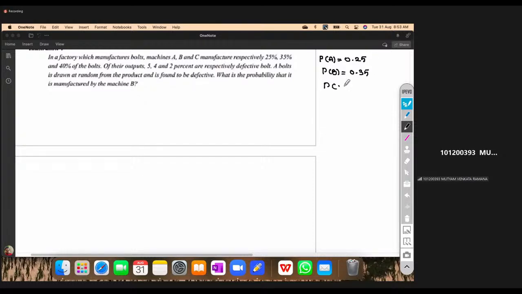Probability of C is equal to 0.40. Next, probability of defective from A is equal to 0.05. Probability of defective from B is equal to 0.04. Probability of defective from C is equal to 0.02.